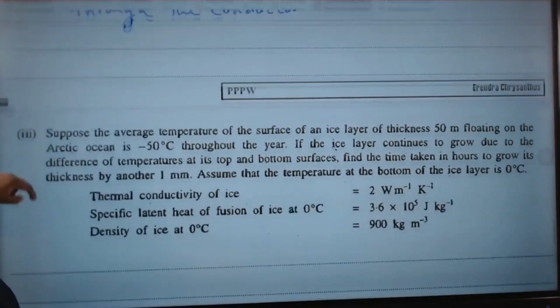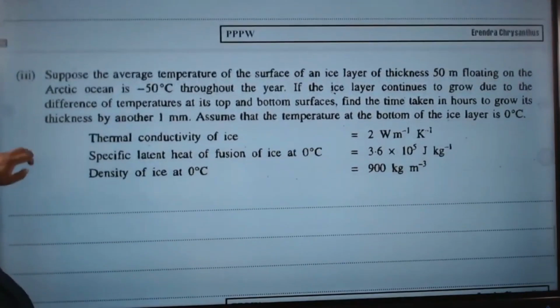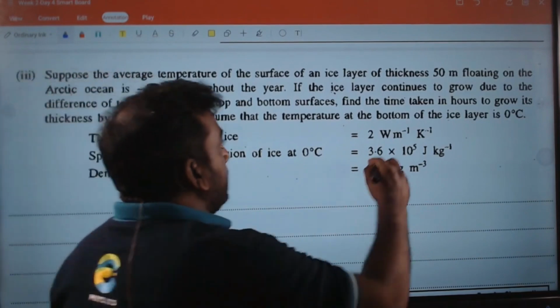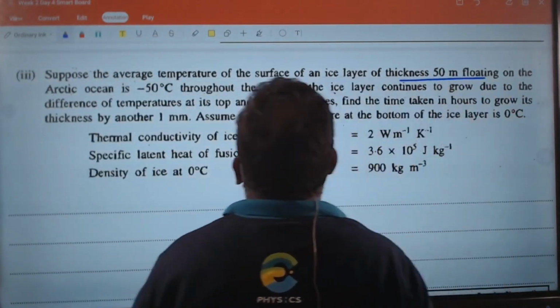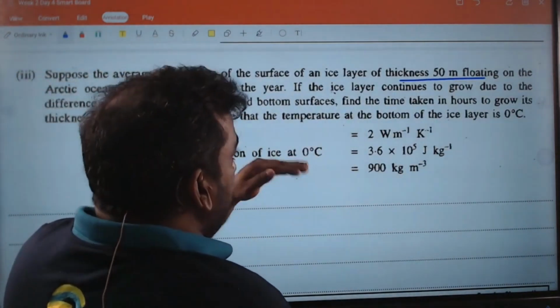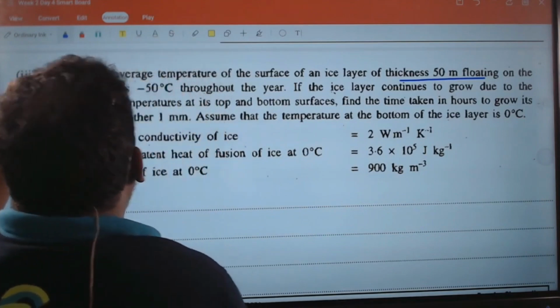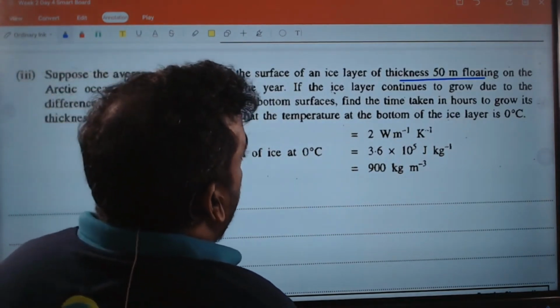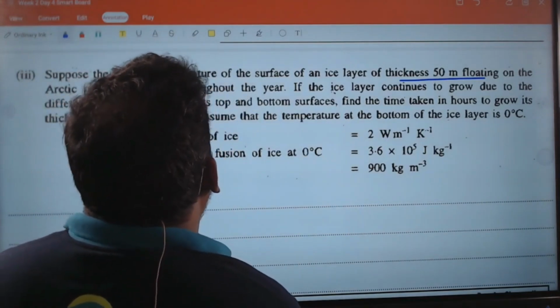Moving on. Suppose the average temperature of the surface of an ice layer of thickness 50 millimeter floating is minus 50 throughout the year. If the ice layer continues to grow, with the difference of temperature at the top and the bottom, find the time taken in hours to grow it by thickness 1 millimeter.